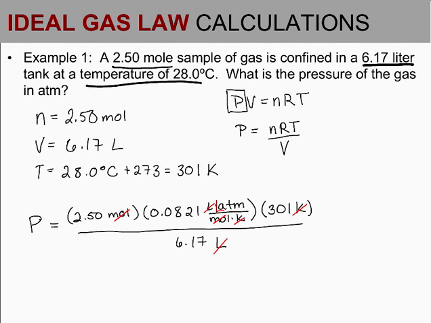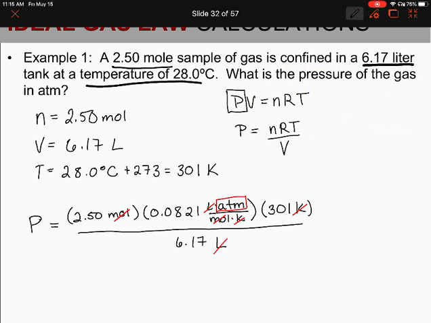So we should end up with atmospheres. Okay, so we're going to multiply 2.5 by 0.0821 and 301, and then divide by 6.17. So when we plug this into our calculator, we should get a value of 10 atmospheres. And I used 3 sig figs there because all of our values have 3 sig figs.